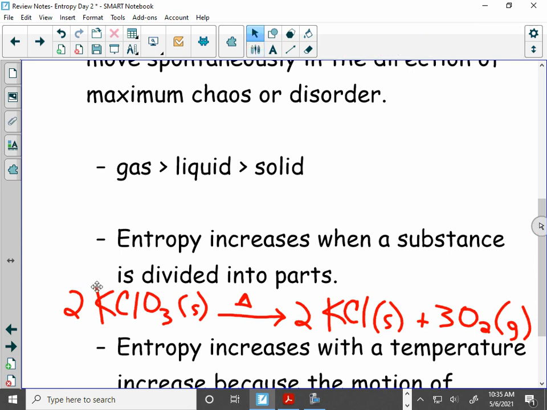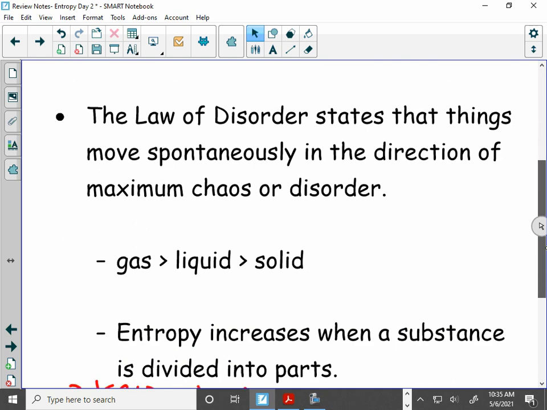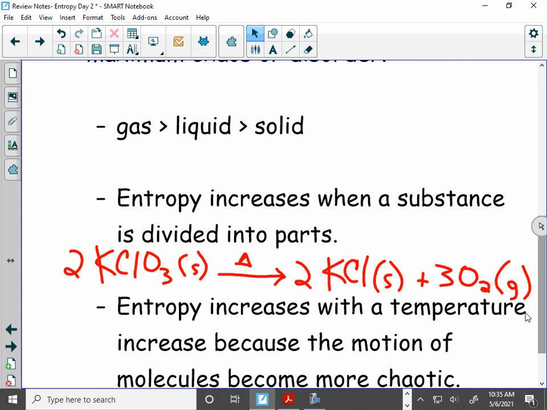Now, as I look at this, I can say a couple of things. I have a solid right here, which turns into a solid and a gas.